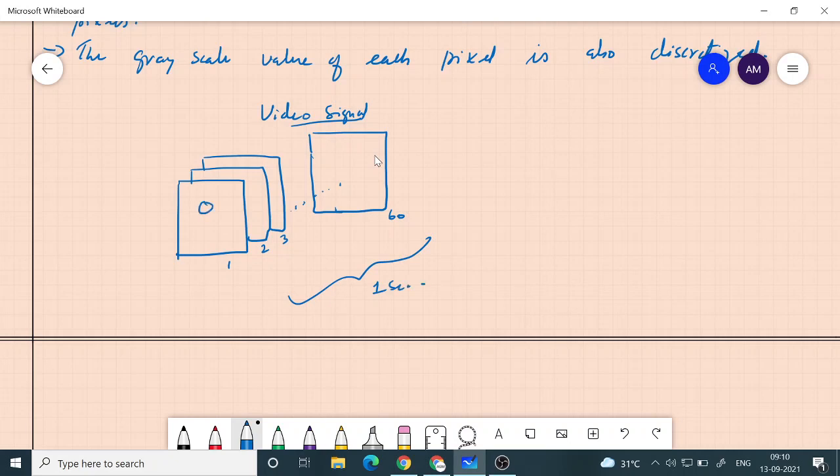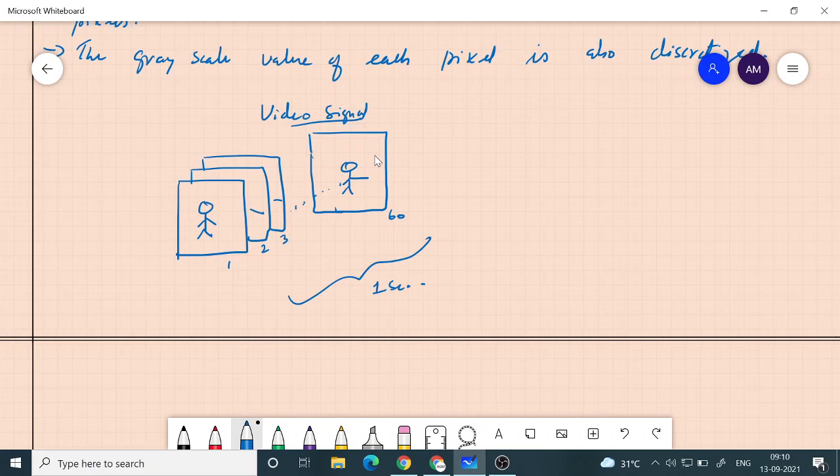So here maybe the guy may be standing like this. In another picture, after 1 second, maybe instead of his hand here, he may be changing it to a slightly different position. So this will go slowly, frame by frame.